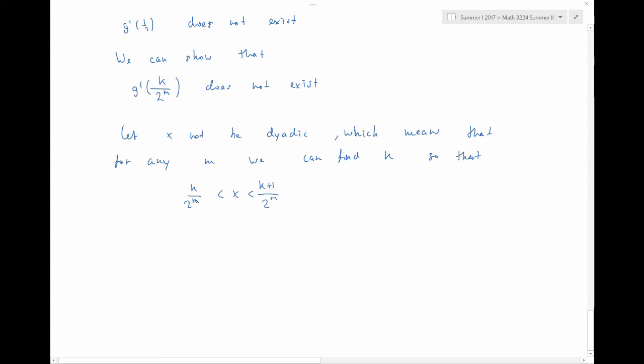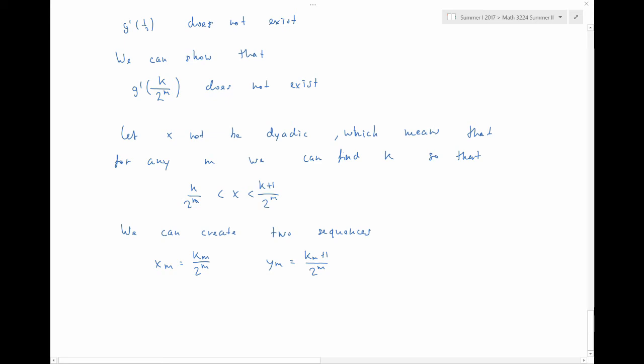So we can create two sequences. x sub m being k sub m over 2 to the power m, where k sub m is chosen so that it's less than x, and y sub m being k sub m plus 1 over 2 to the power m, where again k sub m is chosen so that k sub m plus 1 over 2 to the power m is actually greater than x.